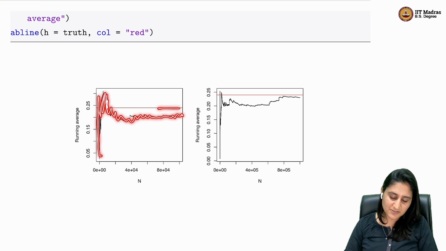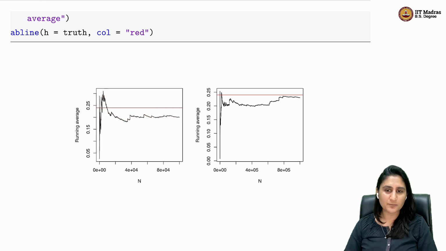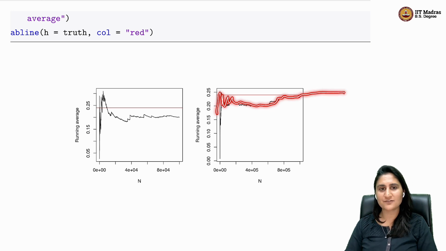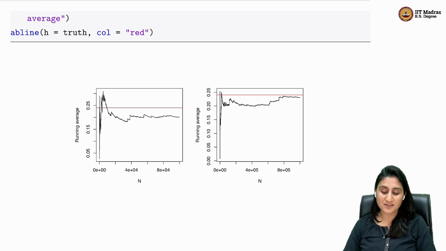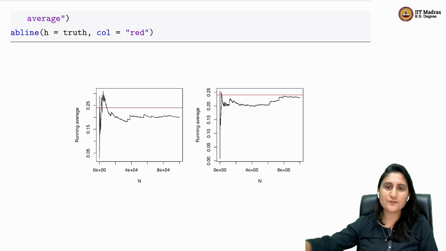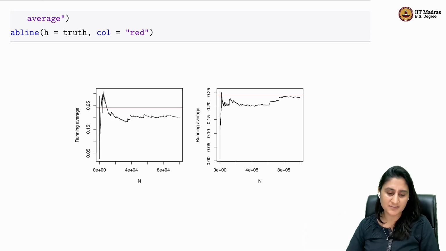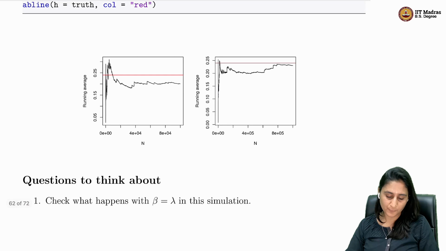It hasn't quite reached the red line yet, but eventually we hope it will. And certainly when we get to 10 to the power 6, yes, it's erratic, but it then converges up. If you go to 10 to the power 8 or 9, it will eventually converge. Again, it's not necessary that it happens at any finite size, because it's an infinite result. It will happen eventually, is the idea.